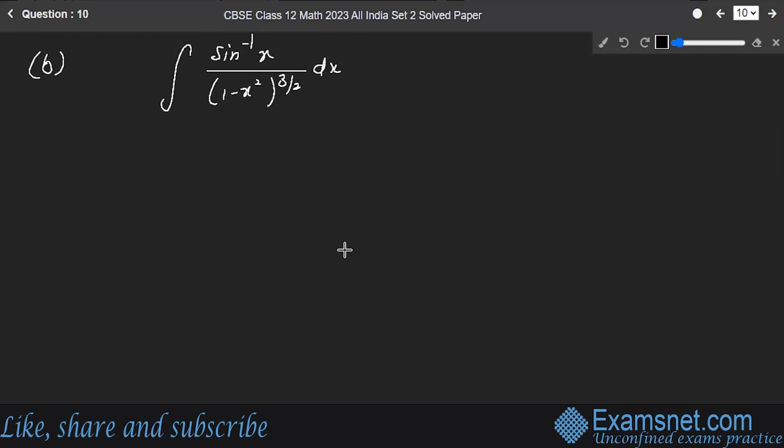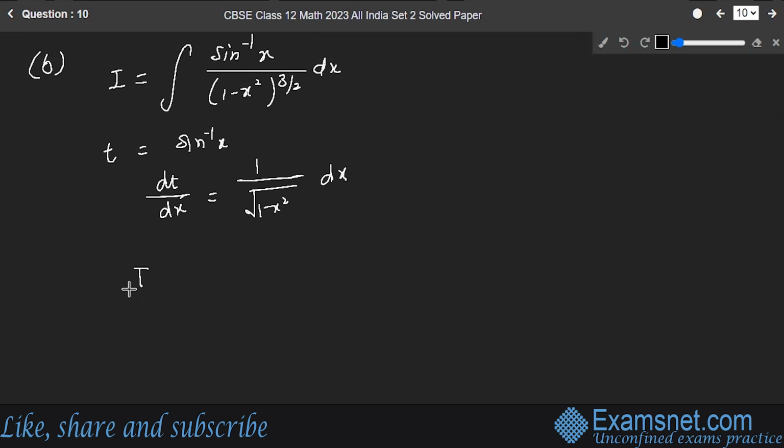So here I'll put t is equal to sine inverse x, or here you can say dt upon dx is equal to 1 upon the square root of 1 minus x square, right? So if I say this is the integral I, this integral I becomes the integral of t upon 1 minus x square into dt, because dt is equal to this much, right? So I'm filling in the value of t in this.